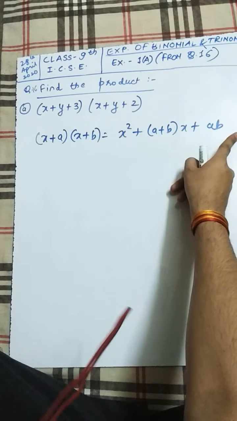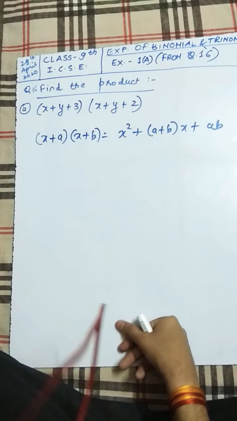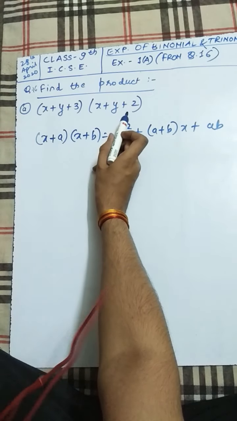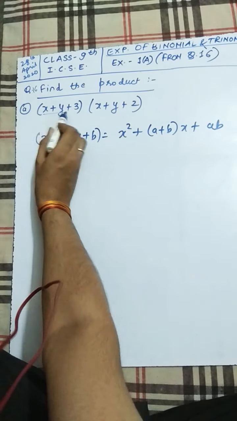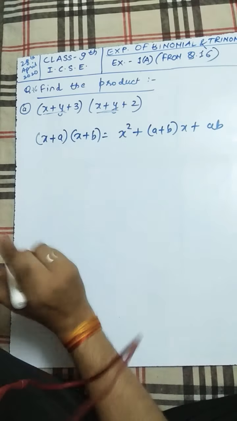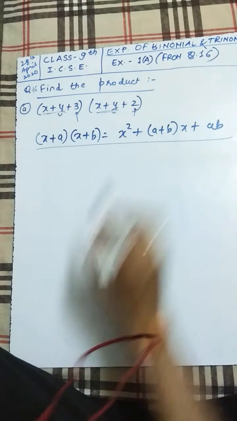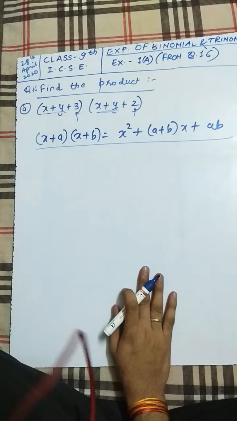plus ab. Now here we have x plus y plus 3 and x plus y plus 2. If you consider this and this as one unit, and this as the other one, we can mold this question into this identity.